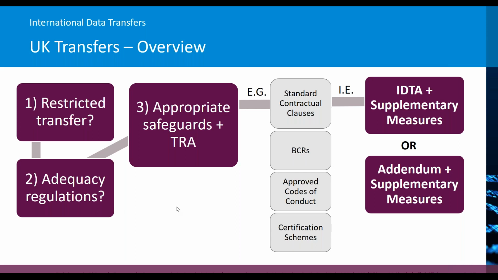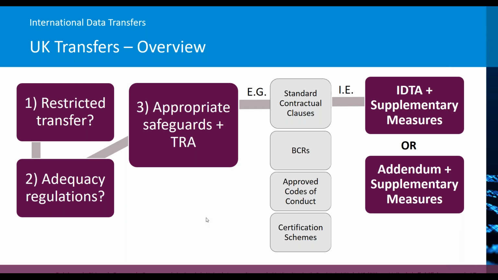That's much like the position under the European GDPR, with European adequacy decisions. Assuming that the territory you're transferring the data to isn't subject to an adequacy regulation, you'll then need to consider what appropriate safeguards you can use to protect your data.